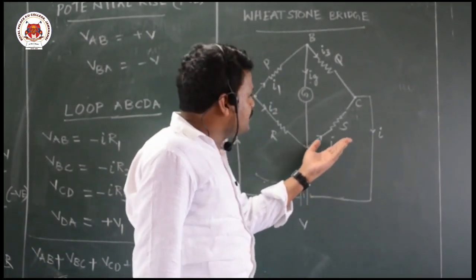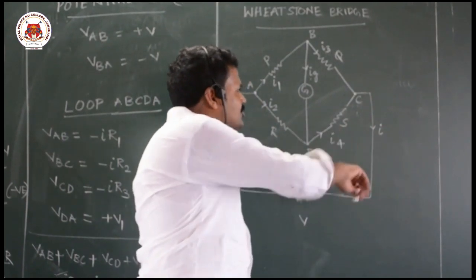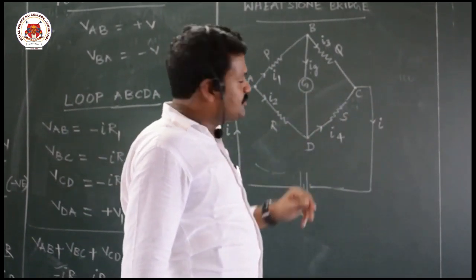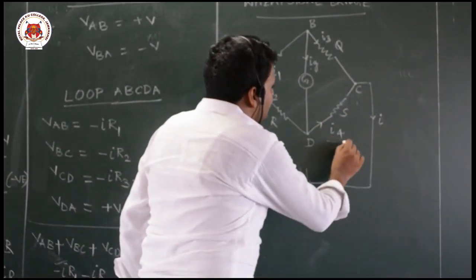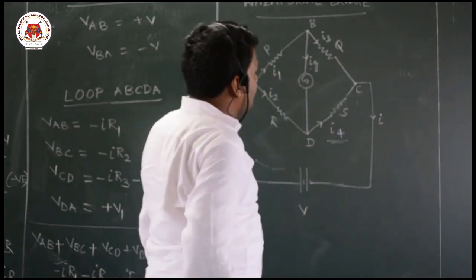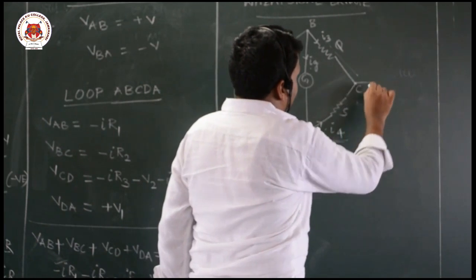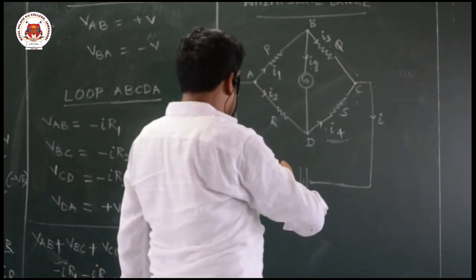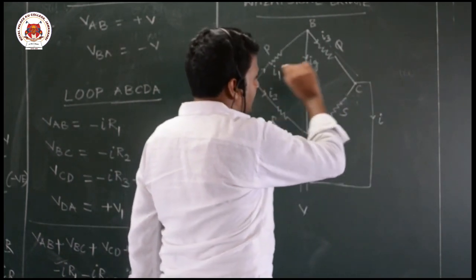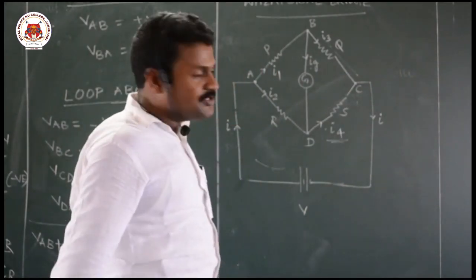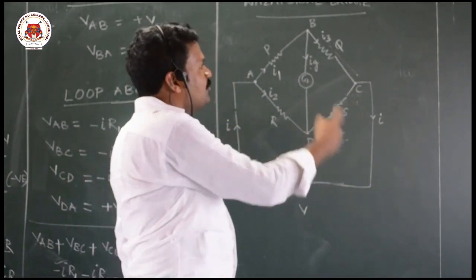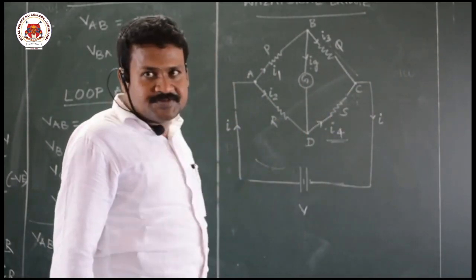If you give it in the opposite direction, it is wrong. So I4 must leave from D to C. Now consider junction C: I3 is reaching, I4 is reaching, I must leave. So current I is leaving the battery, and I is entering the battery. This is how you have to do the current circulation using Kirchhoff's laws.